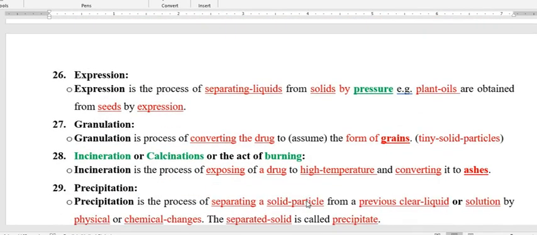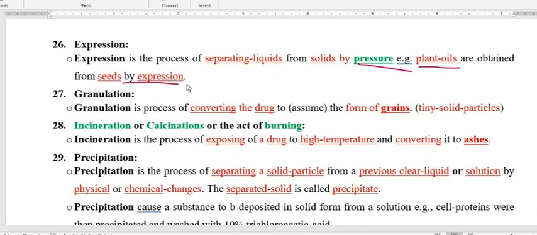Next is expression. So what is expression? When we take out the oil from the seed by applying pressure, it is called expression. Again, I am going to repeat the same thing. Take the example of soybean oil or mustard oil.